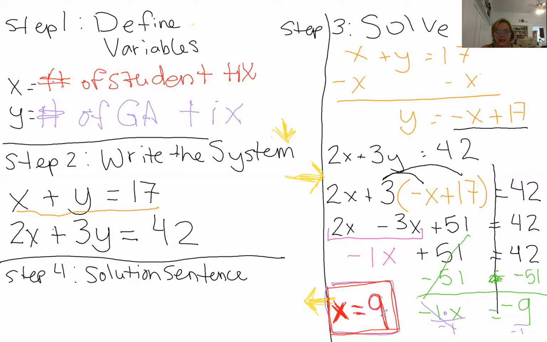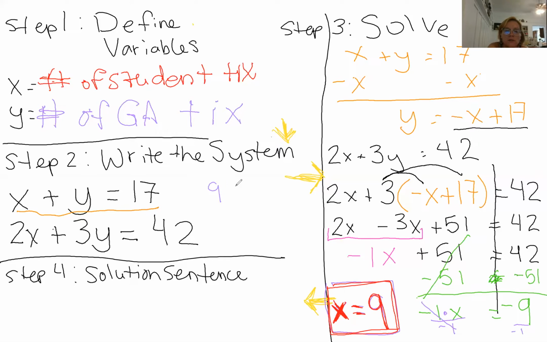Okay. The last step, we're almost at the very last step in solving, is you need to go back and figure out what y is. So I can already look and pretty easily tell, right? X plus y equals 17. So if we look over here, x plus y equals 17.